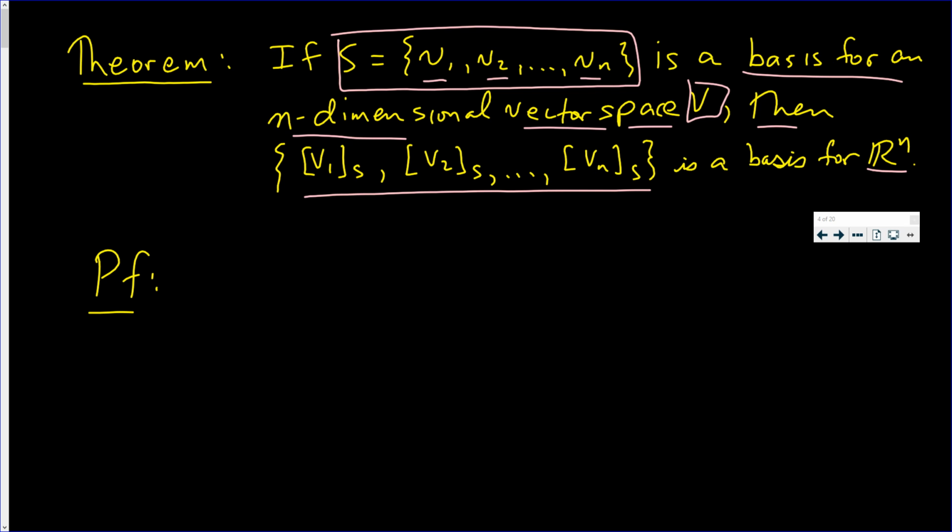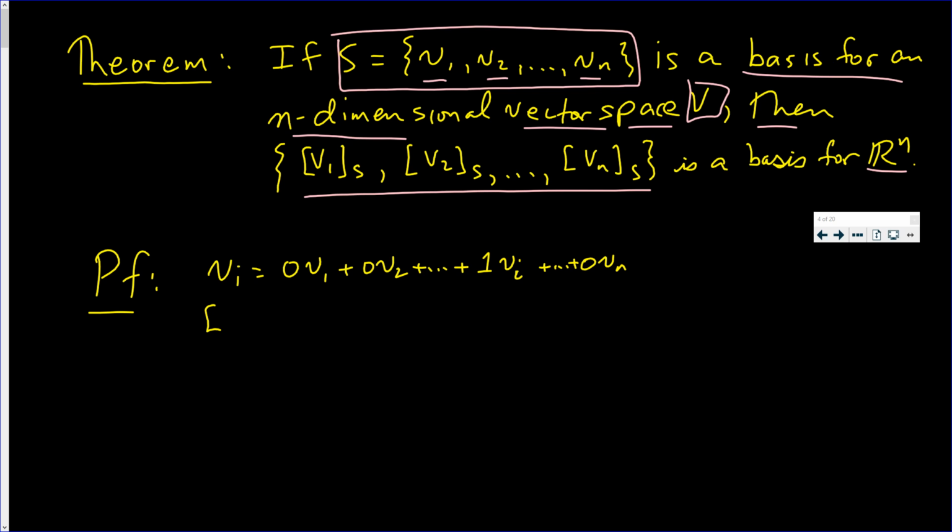So what you need to notice is that V sub i is equal to 0 times V1 plus 0 times V2, all the way up to 1 times Vi, all the way down to plus 0 times Vn.